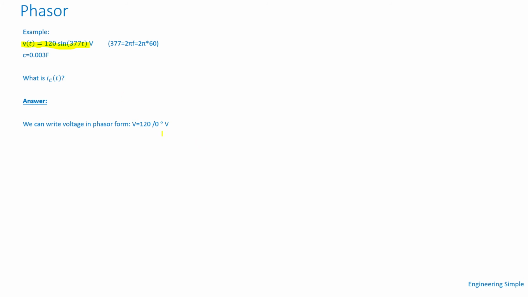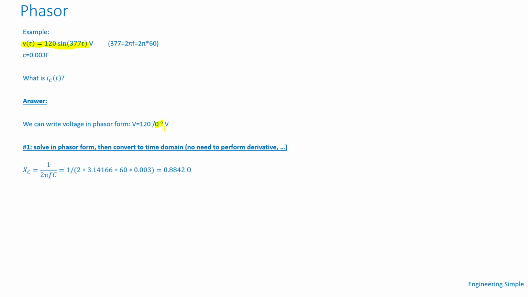That's why I put 0 here. We'll solve in phasor form, then convert to time domain. In this case, I don't have to deal with integration, derivatives, or anything. So it's very slick.